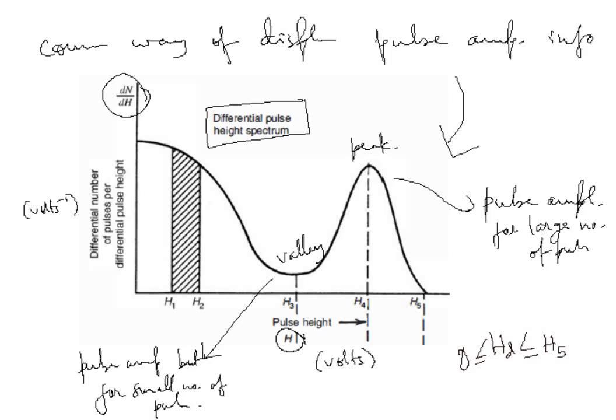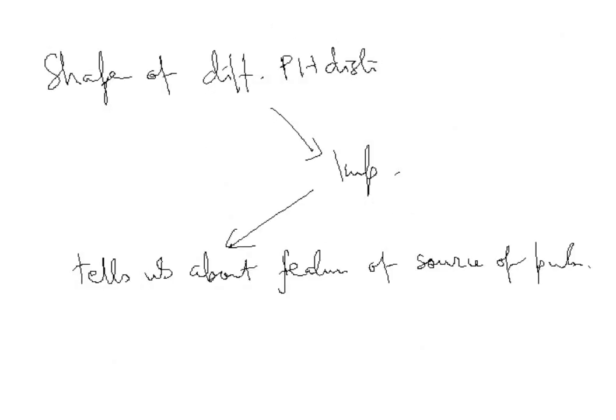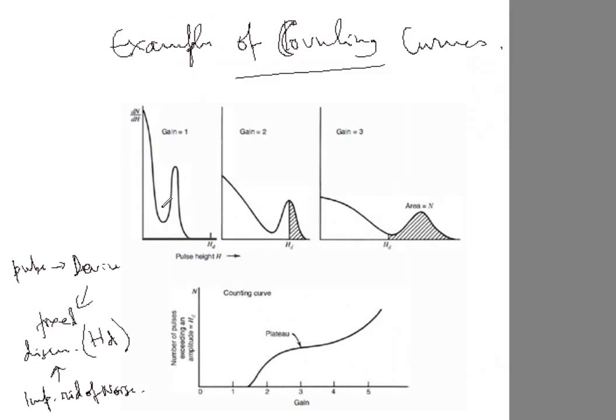Let us see what kind of pulses we get. We do a series of measurements, which I have shown you here, with a fixed discriminator level.